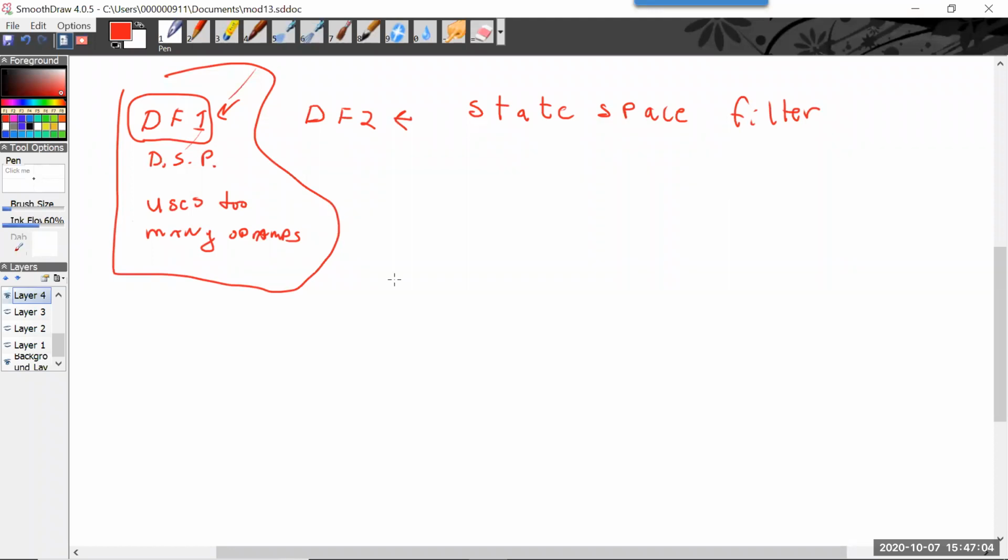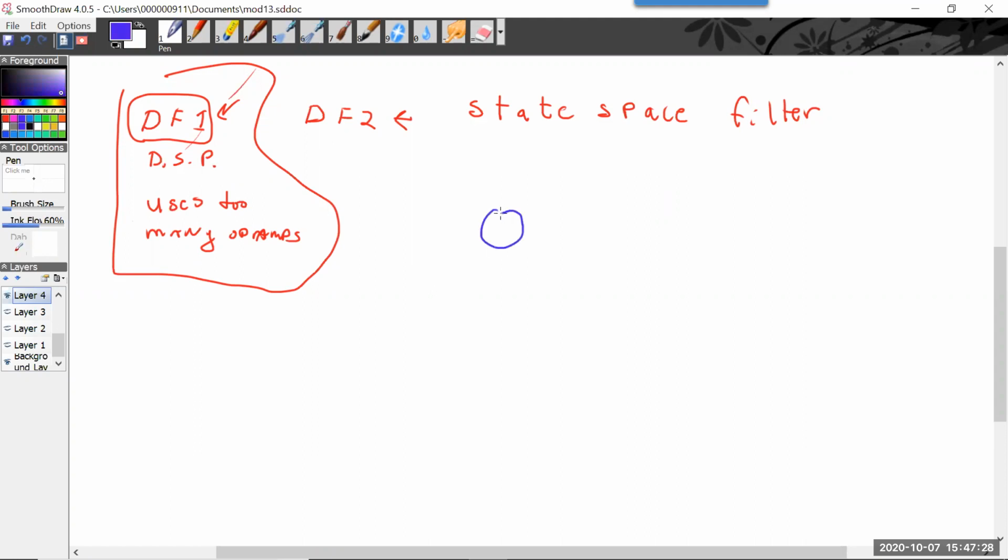There's the way to derive this filter, but the way that you actually create the filter is a lot simpler. What I'm going to do is just draw at first a generic architecture of the DF2 design.